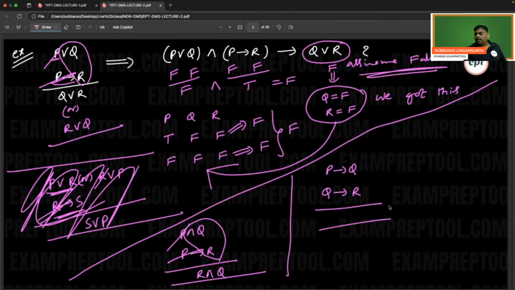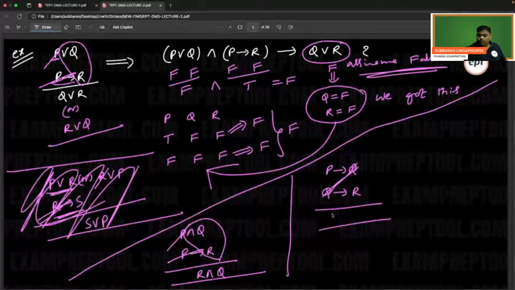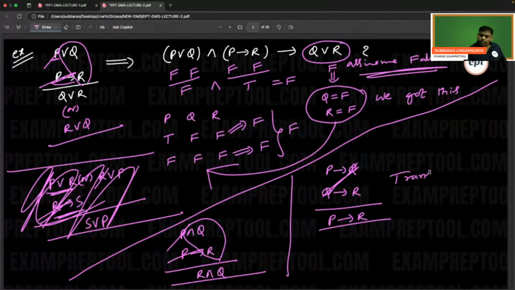Both are implications. P implies Q, Q implies R. These two Q's you can cancel, so left out is P implies R. It is a transitive property. Another name may be given, but no one will ask the name, so even I don't know. Who will remember unnecessary things?